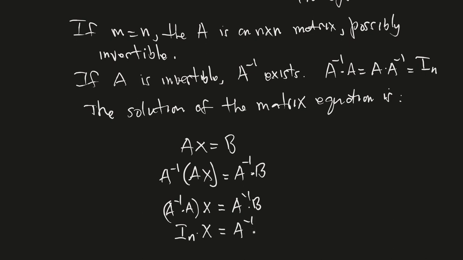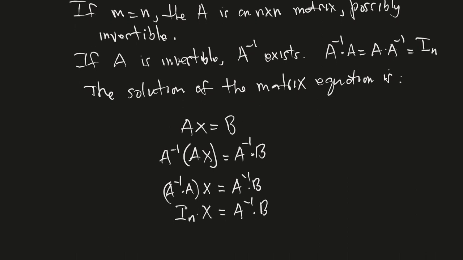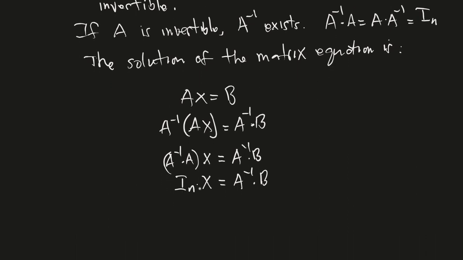And then I have this equation here. And then, again, we have that other property that any matrix, as long as the multiplication is compatible, and this one will be, because the identity is also n by n, and this is an n by 1. So this product is going to be well defined.